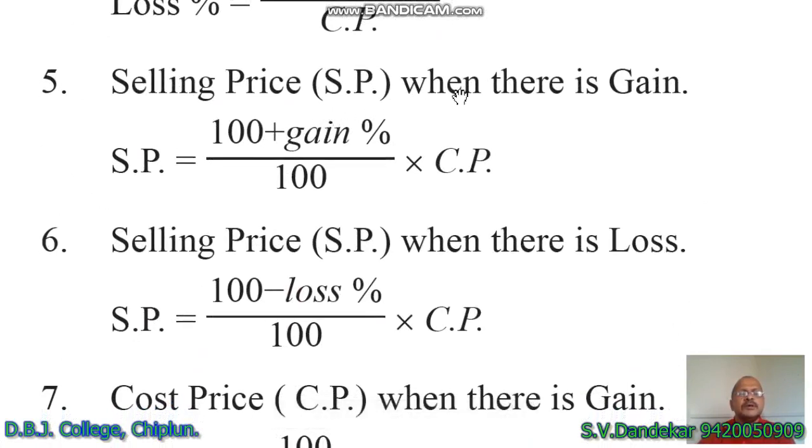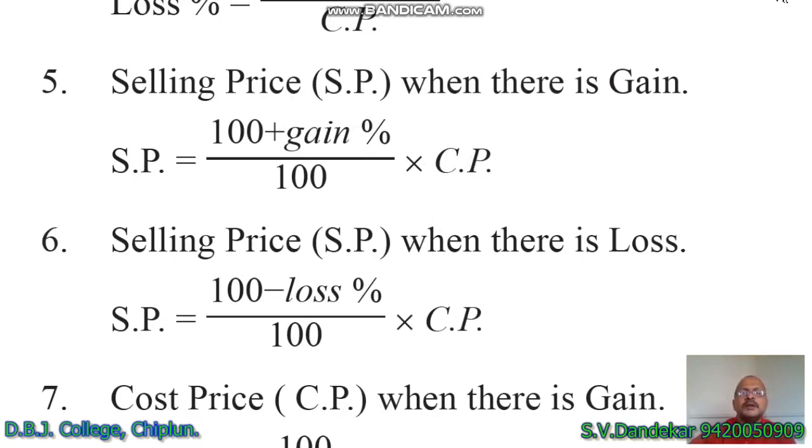Selling price, when there is a gain, is equal to (100 plus gain percent) divided by 100 into CP. The similar formula that we have studied in the previous article.